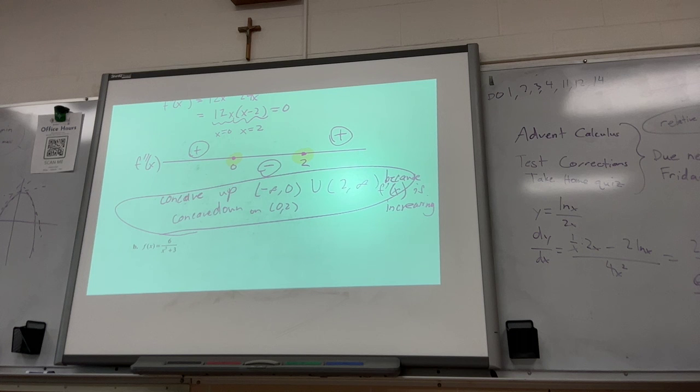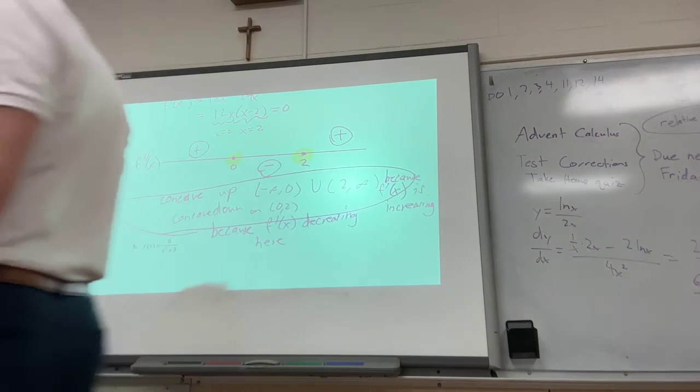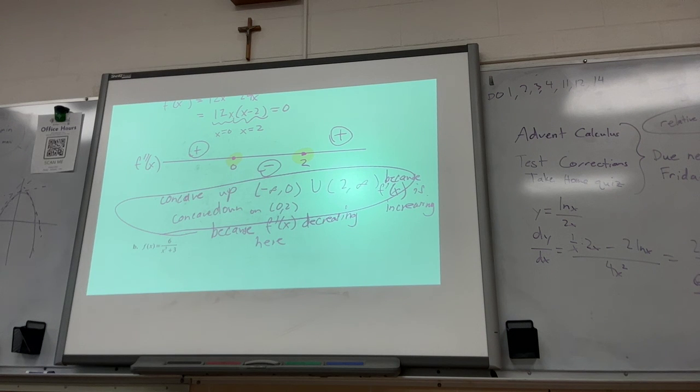And it's concave down on 0 to 2 because f prime of x is decreasing. Why would it be increasing and decreasing, not positive? I'm talking about f prime. So f double prime, they're mathematically equivalent. If f double prime is negative, that means f prime is decreasing.